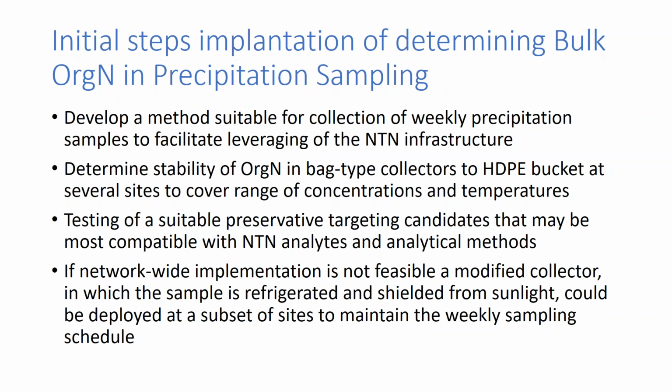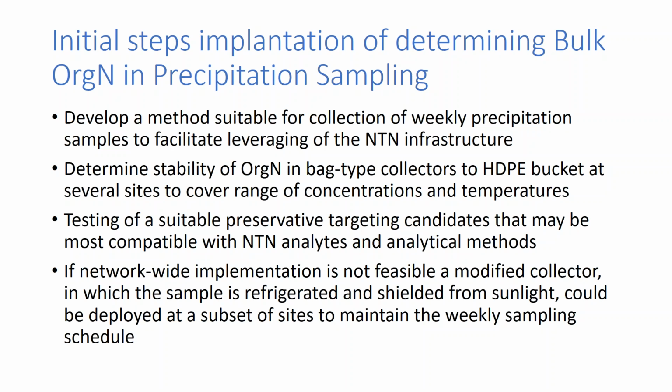And we would want to do some testing at a few different sites to cover the range in concentrations and temperatures samples experience. And while this is going on, we could consider testing a suitable preservative, targeting the preservatives that are most compatible with the current NTN list of compounds that they measure.